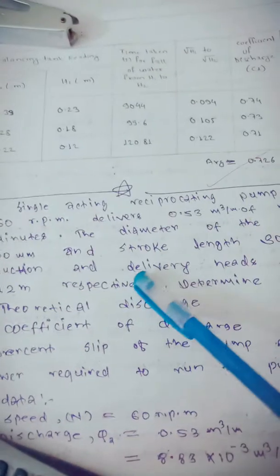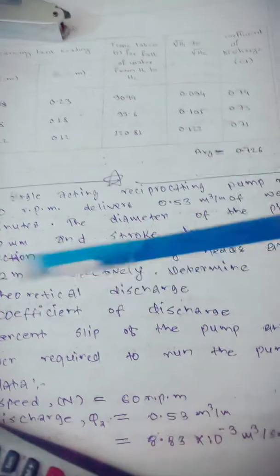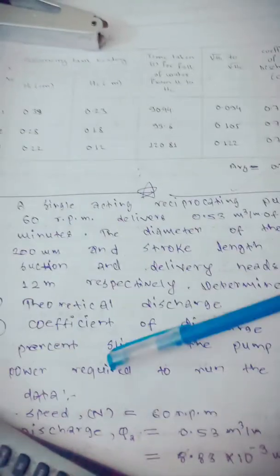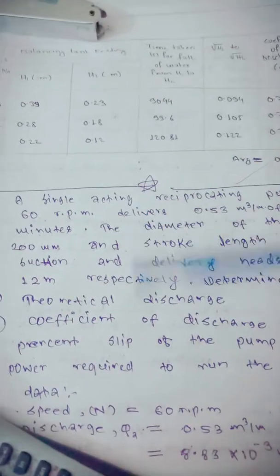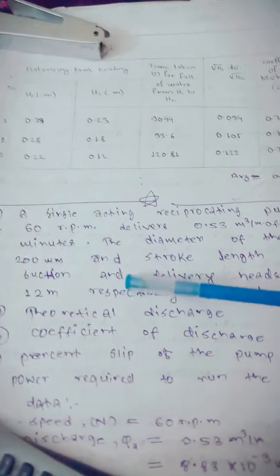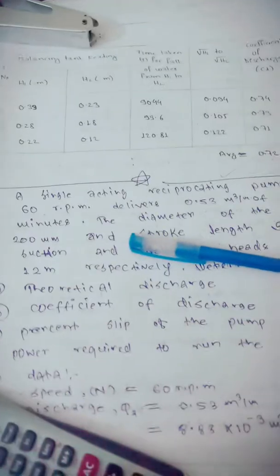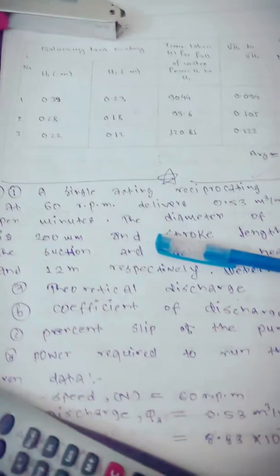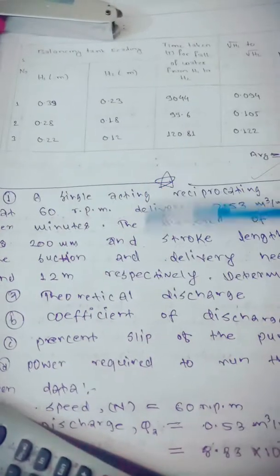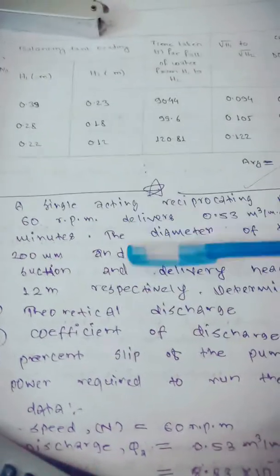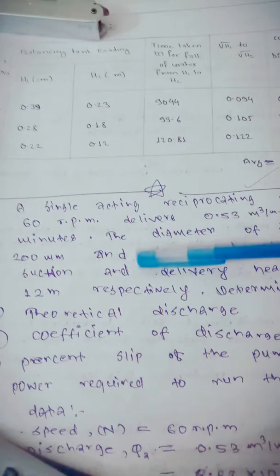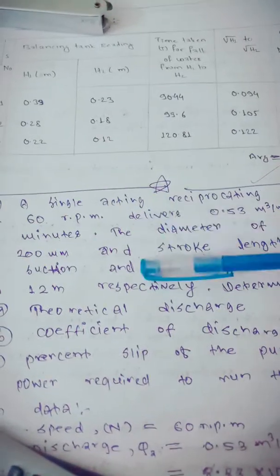This problem is based on the hand pump. A hand pump is basically used in village areas. In villages there is no tap, so tap water is not there.